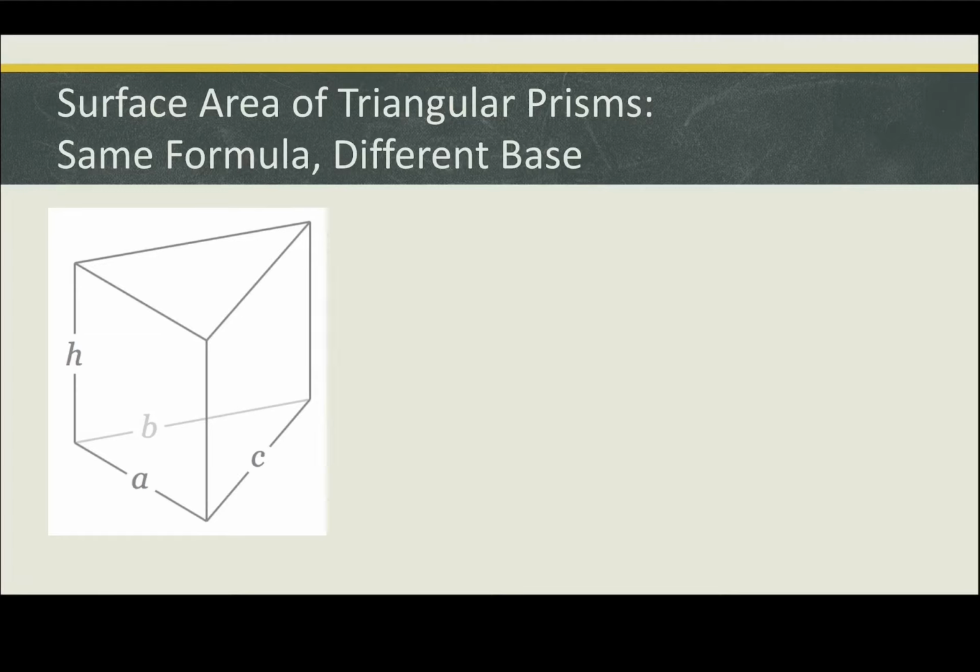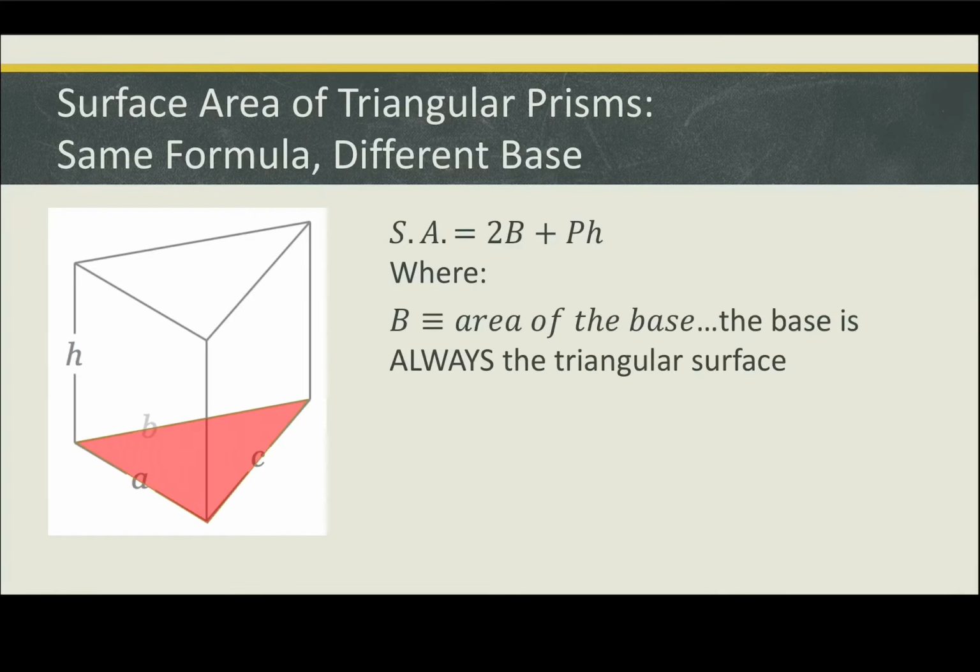Now, for a triangular prism, the formula is the same. So we haven't changed anything there. But obviously, something has changed. Specifically, it's the base. We see here that we have a triangular base. So B, again, represents the area of the base, but the base is always the triangular surface.